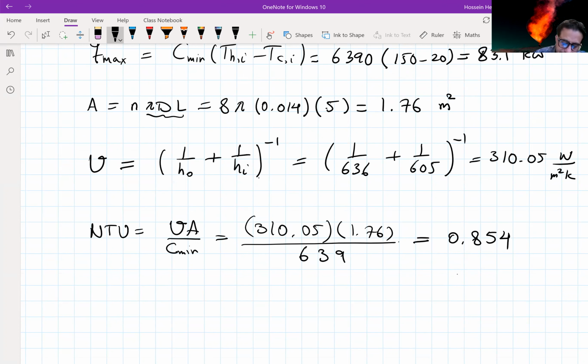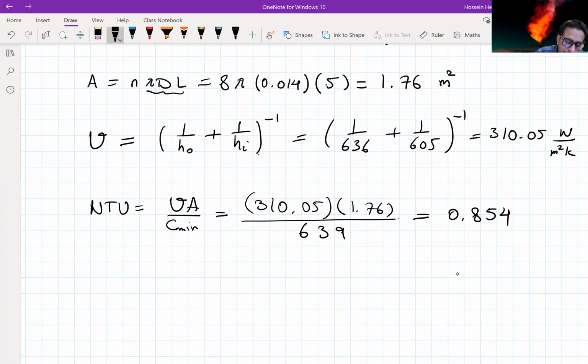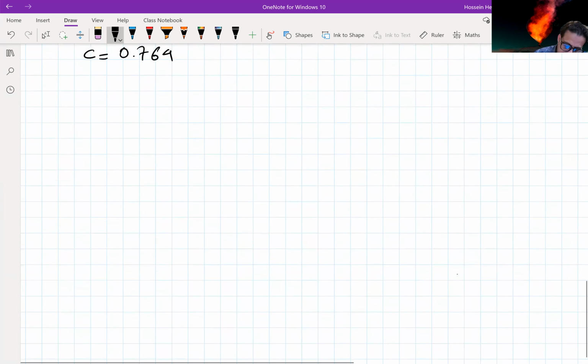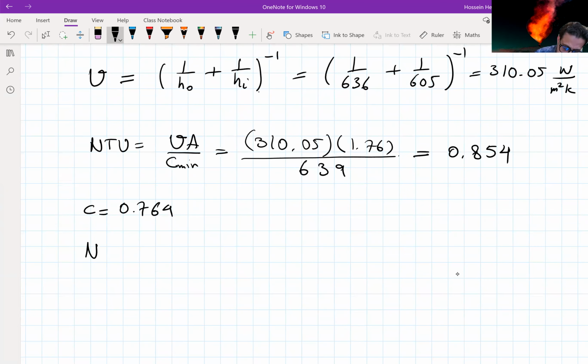So I have C, which is 0.764, that's what we found here. And then I have NTU, which is 0.854. Now, having these two, I can go to the plot and correlations to find out the effectiveness.